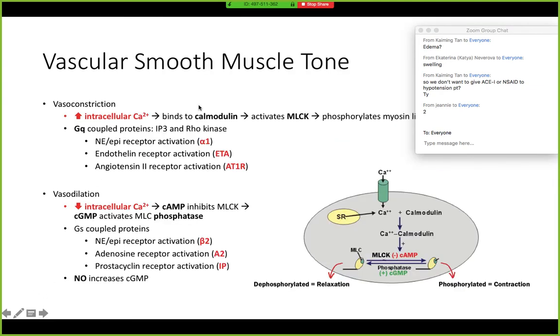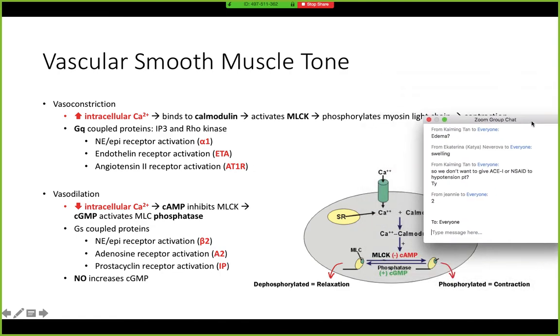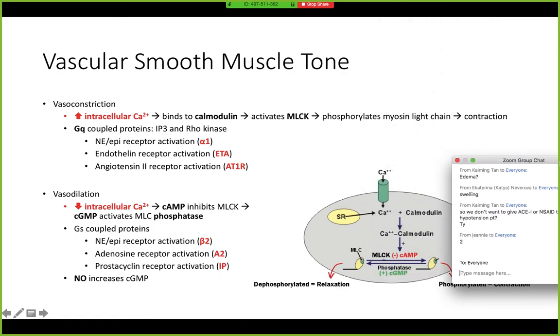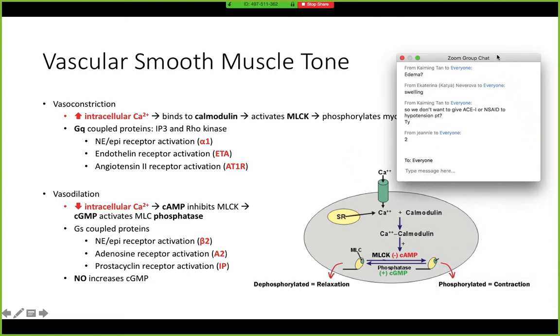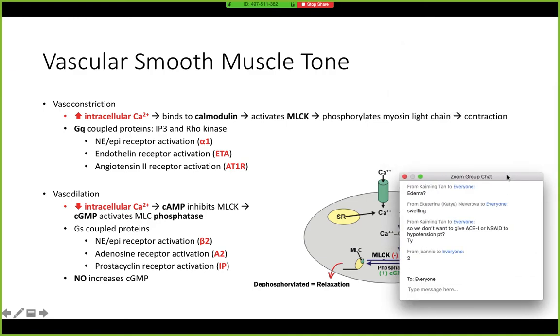Okay, so this is kind of like some MFM1 stuff, but just like tying it into pharm. So the pathway where you see vasoconstriction is through an increase in intracellular calcium. So calcium is going to bind to calmodulin. It's going to activate myosin light chain kinase, which, MLCK is going to phosphorylate myosin light chain, and that's going to lead to contraction.